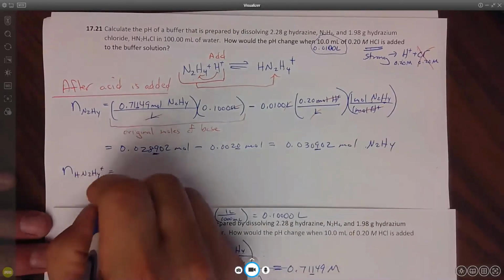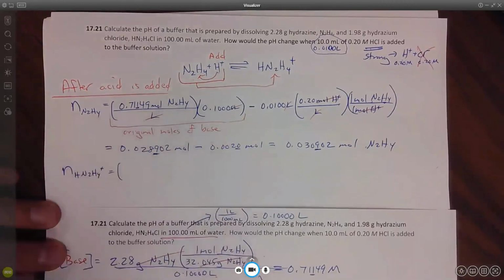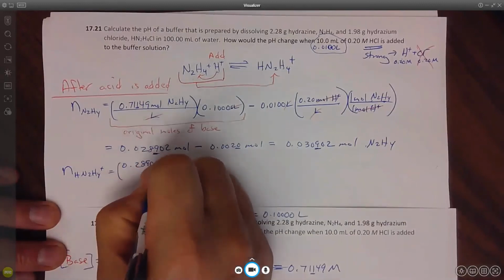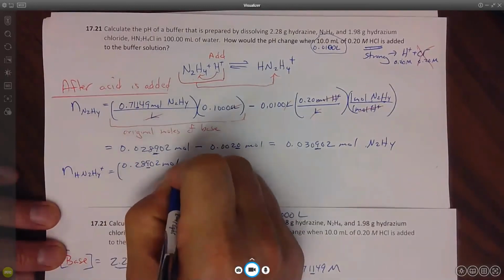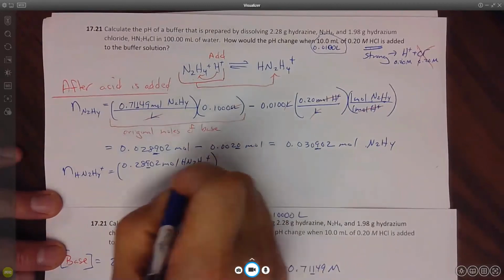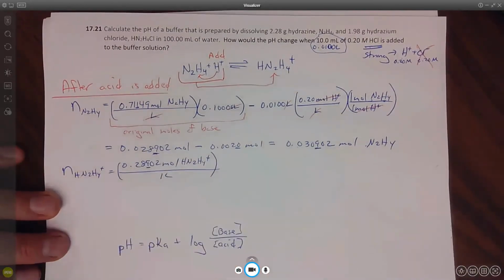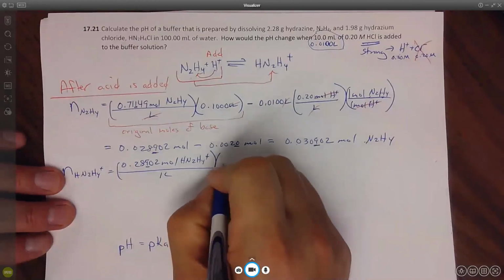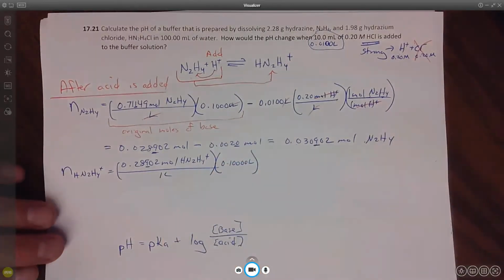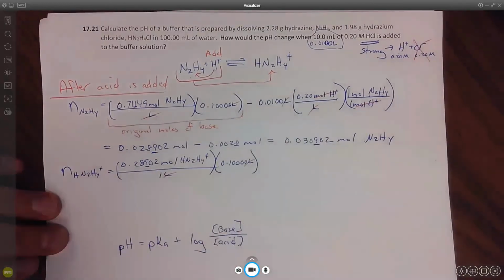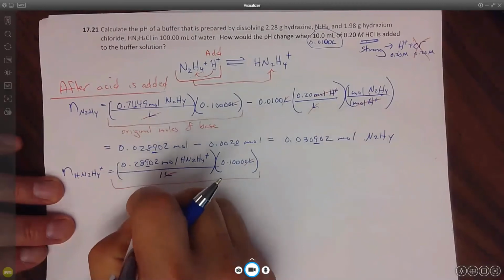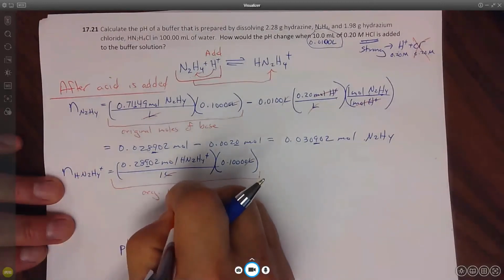So the molarity of that original solution, again, was 0.28902 moles of our acid per liter solution. We had the 100 milliliters of the original buffer solution that we added the acid to. So that cancels. So this is the original moles of acid.